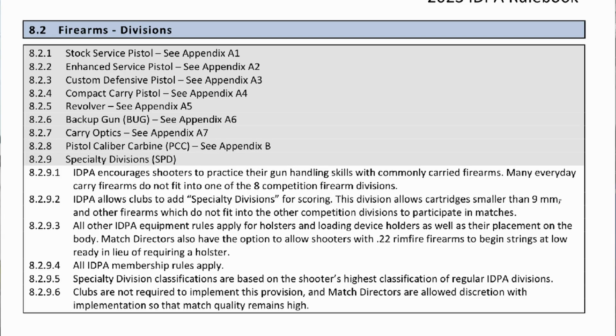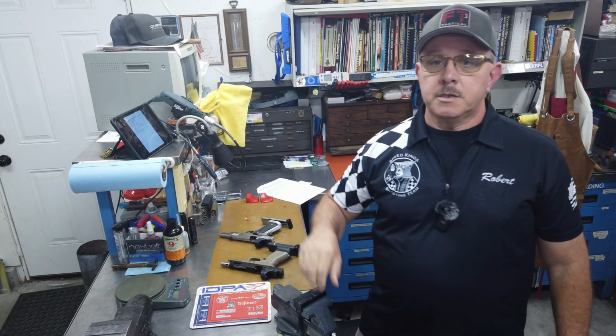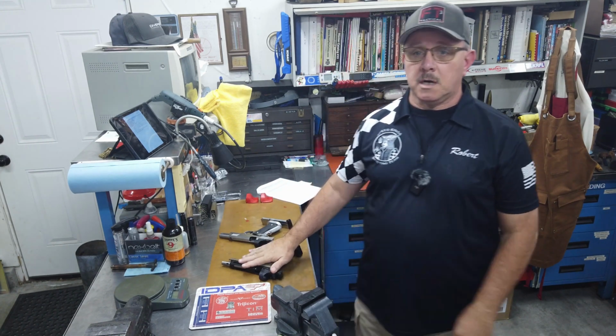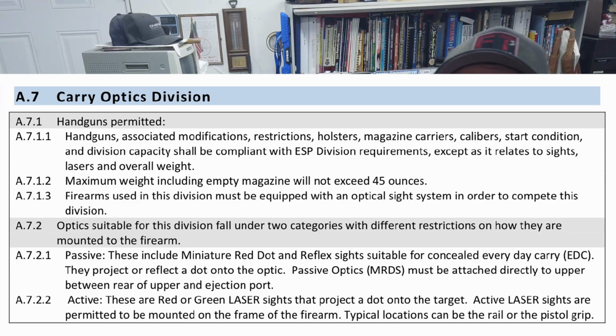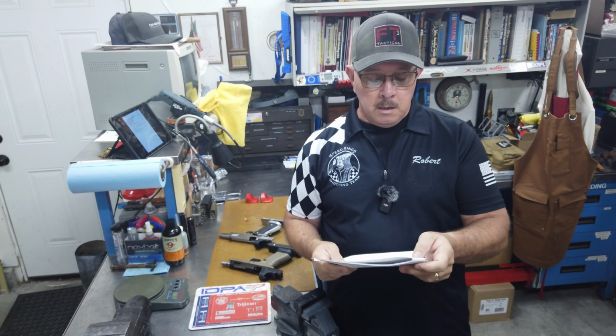What we're looking at here is 8.2, specifically 8.2.7, which is going to refer you to the appendix, which then breaks down the specifics for the equipment we're talking about, which is Carry Optic. And so when we look here, 8.A7, which again is in your 2023 IDPA rulebook, it lists some of the details.